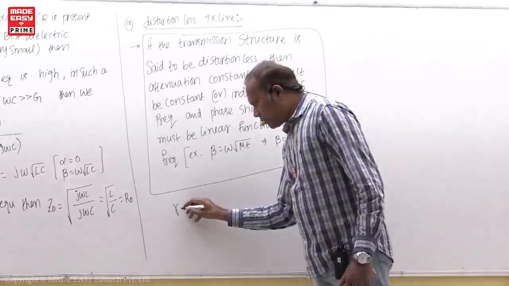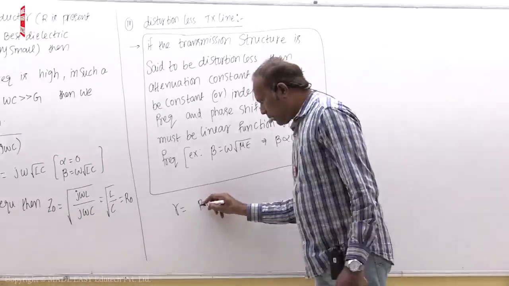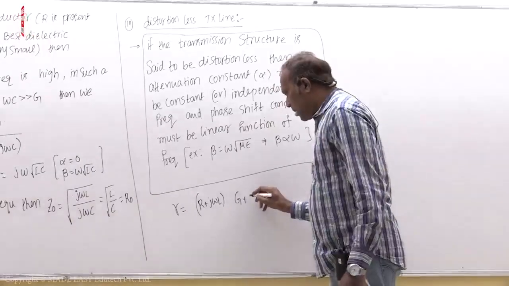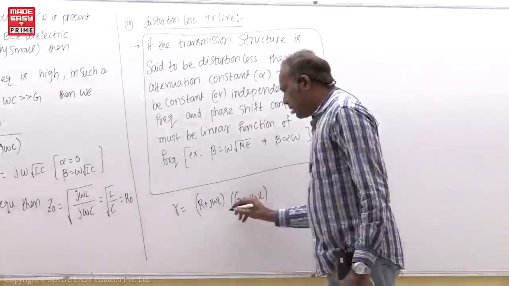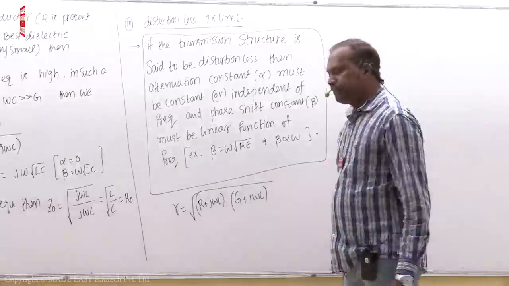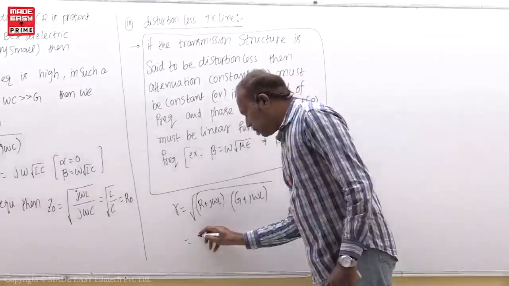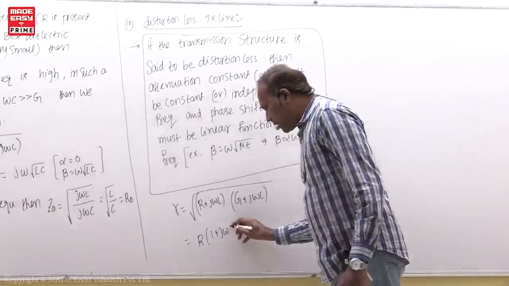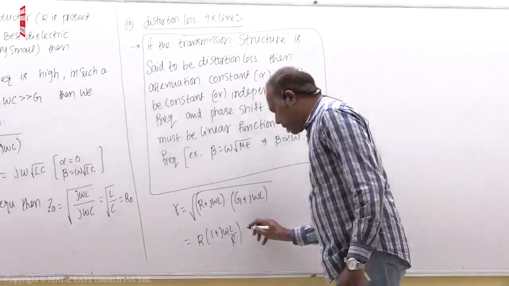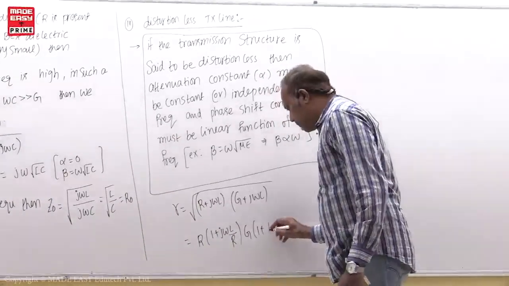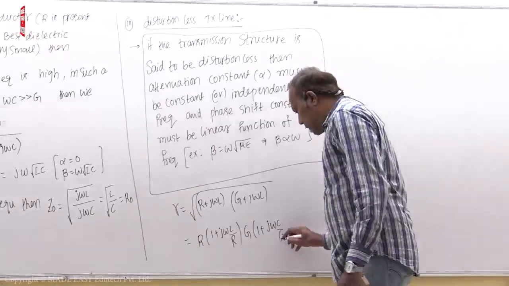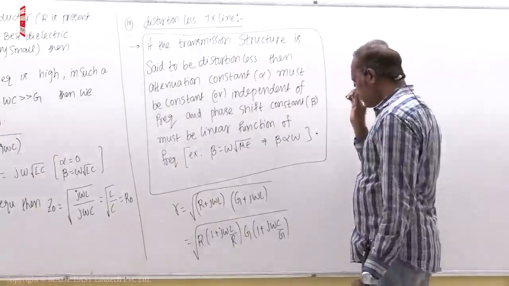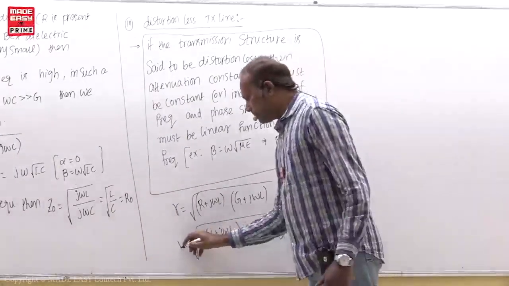Now gamma is equal to root of (R plus j omega L)(G plus j omega C). This is the general equation of the gamma. Now what I do, I will pull out R from this, so R(1 plus j omega L by R). Pull out G from this, G(1 plus j omega C by G), under root. This is gamma.